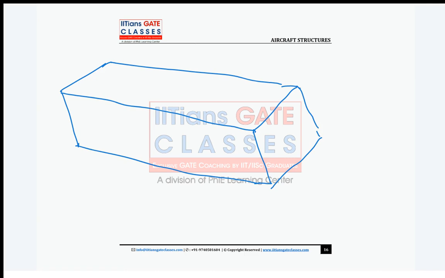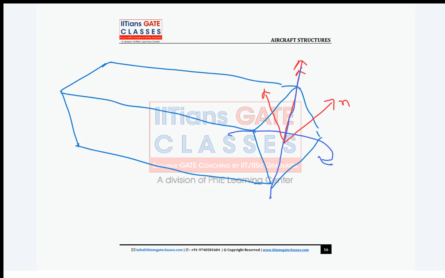They gave this XY axis and they applied bending about this axis. Now we found this is our neutral axis. So that means there is a bending moment which is bending like this.